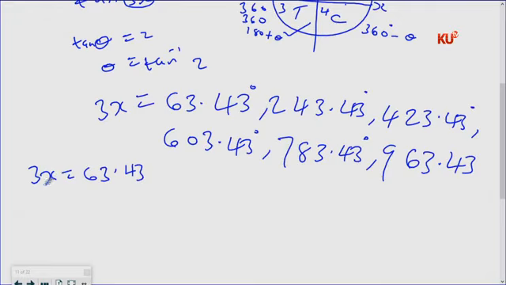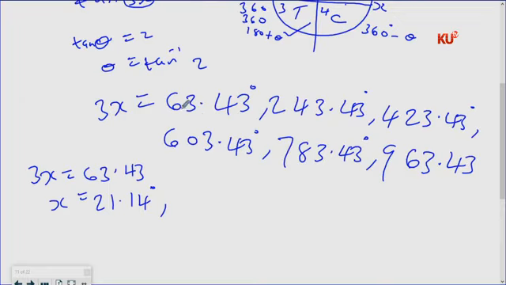How do you get x? You divide both sides by 3. So x alone, if you divide this 63.43 by 3, you will get 21.14 degrees. That is our first angle.